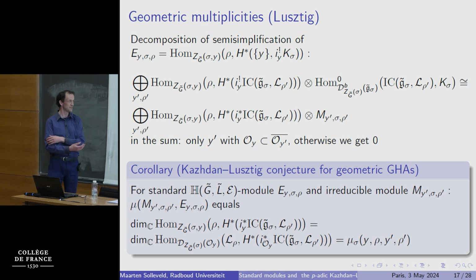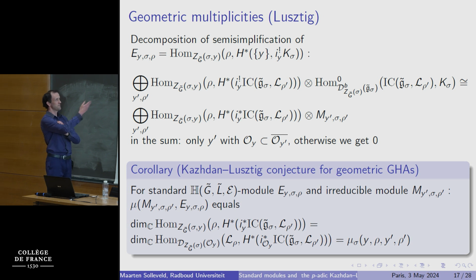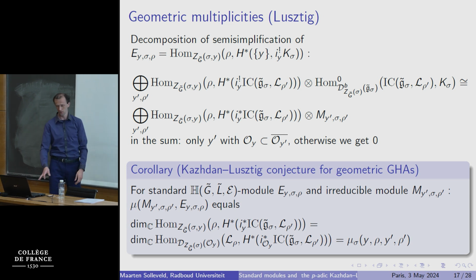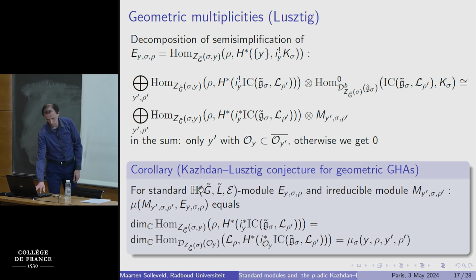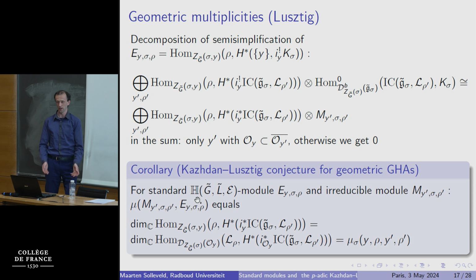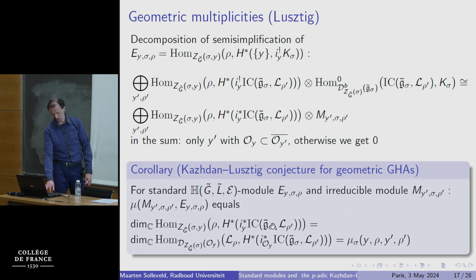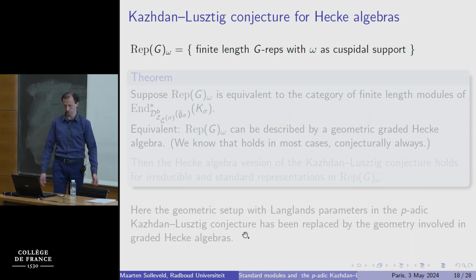But that's the point, how to formulate it: this result of Lusztig actually shows that the multiplicity with which a certain irreducible module appears in a certain standard module, both constructed via Hecke algebras and complex algebraic groups, is equal to a geometric multiplicity of one local system in one intersection cohomology complex, where you take the cohomology of this complex and only then compute multiplicities.